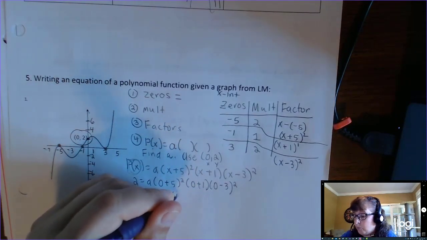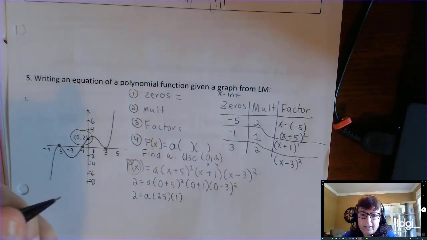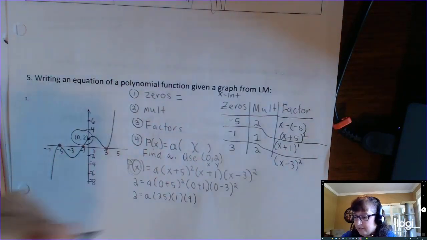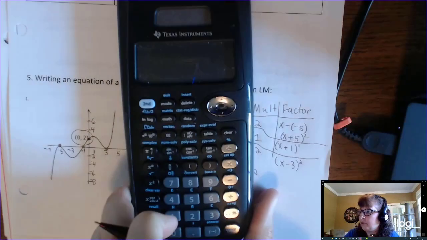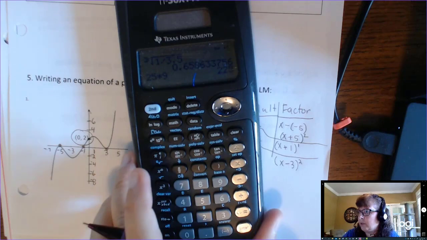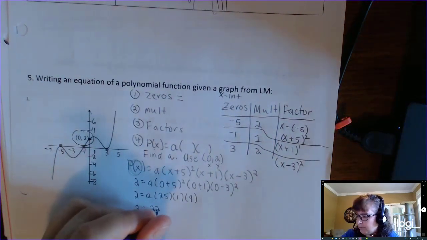That's going to give you 1. And then (-3) quantity squared isn't -9. It's +9. So then 2 equals 25 times 9 times 1, which is 225. So 2 equals 225 times a.